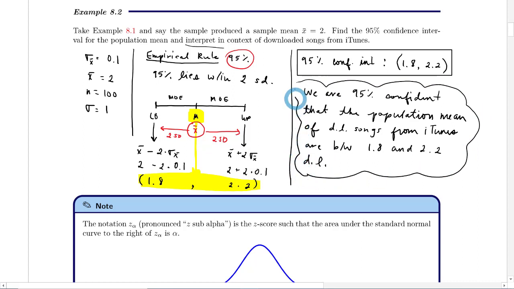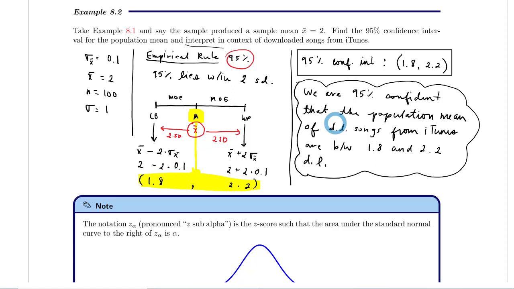So let's reread this. We are 95% confident that the population mean of downloaded songs from iTunes is between 1.8 and 2.2 downloads. And you can also say it more casually, like we are 95% confident that the actual average number of downloaded songs from iTunes is between 1.8 and 2.2.